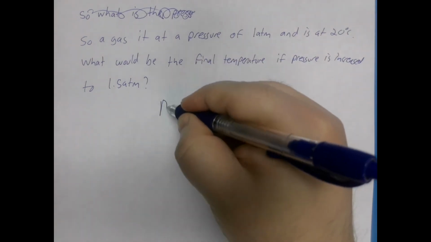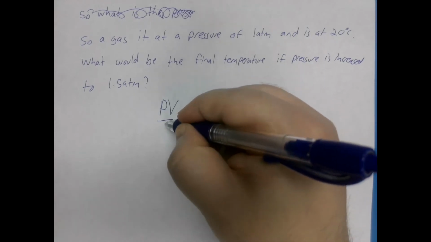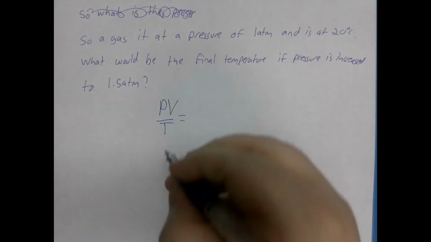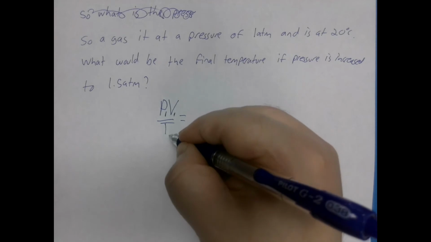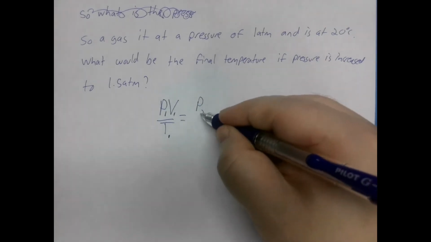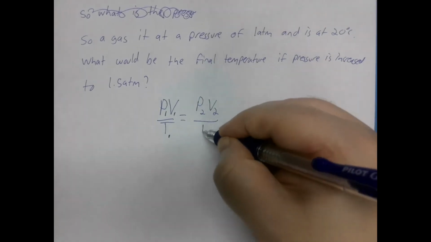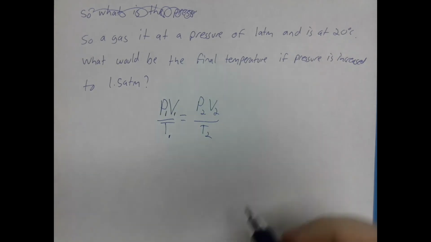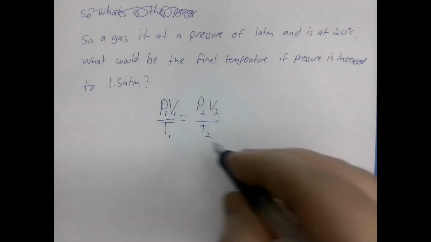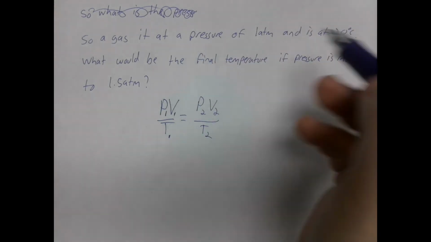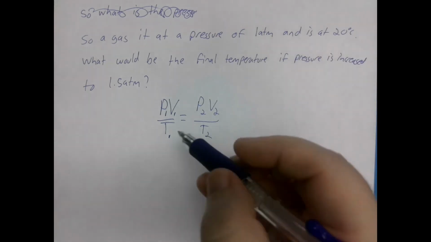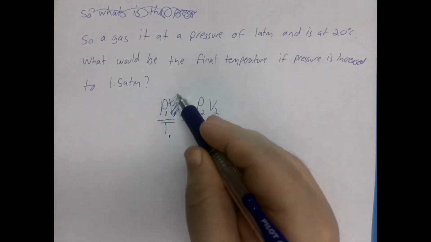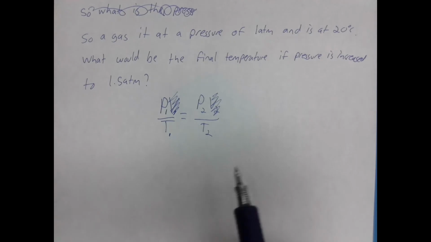So remember combined gas law. We can put the initial values on one side and then come over here and write the final versions on the right. If it doesn't talk about a value, so it doesn't talk about volume, we assume it's constant and we can remove volume.